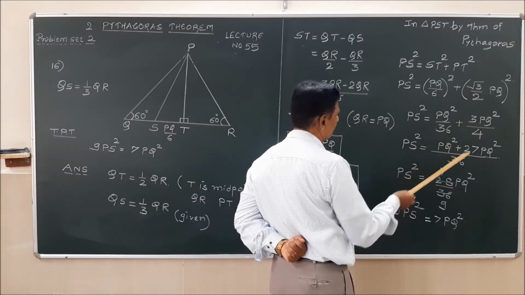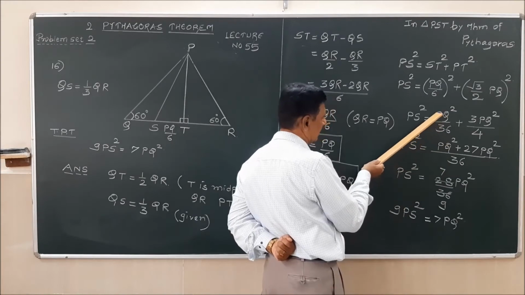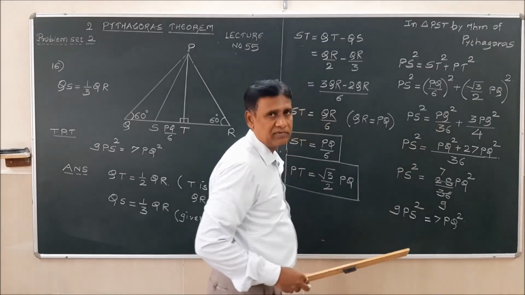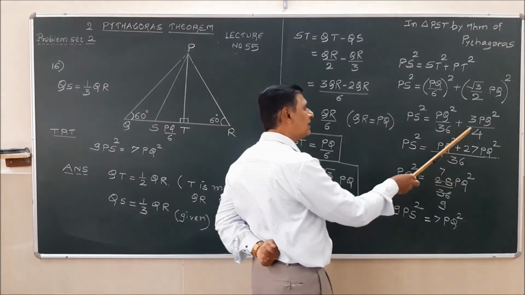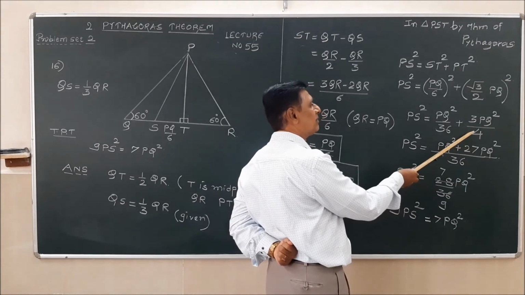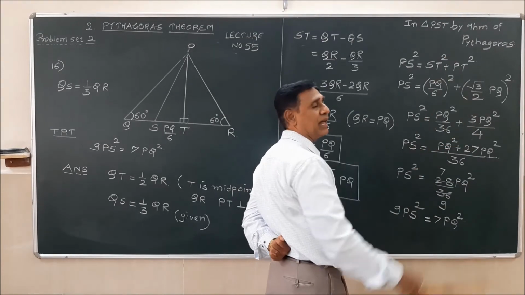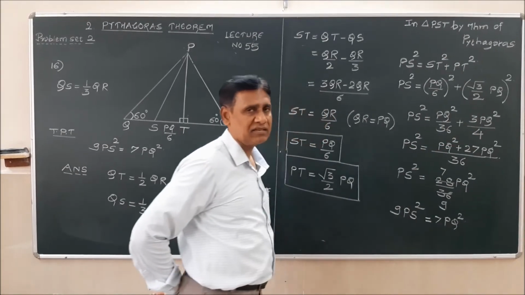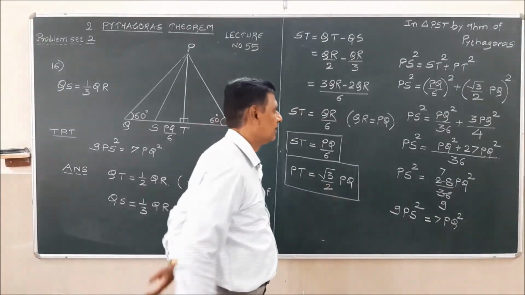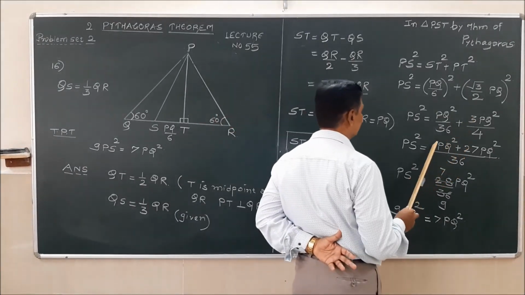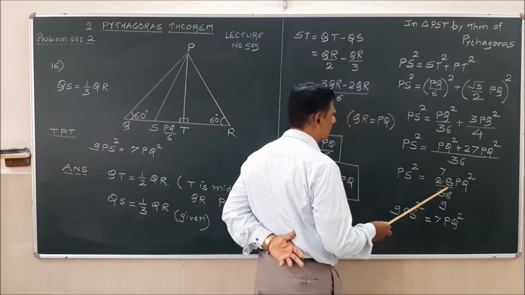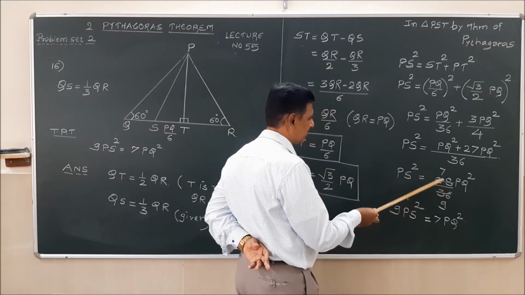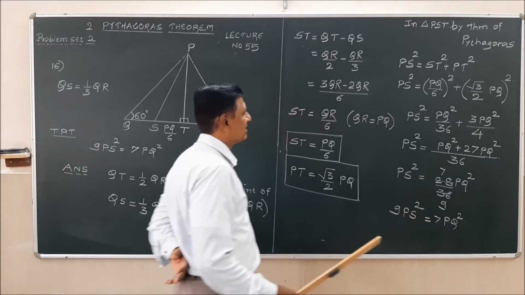Here LCM is 36. 36 is already here, PQ square as it is. But to get 36 here, you have to multiply 4 by 9. So you will multiply numerator by 9. That is the method. So 9 3s are 27 plus 1 is 28 upon 36. If we minimize, 7 upon 9, 7 PQ square upon 9.